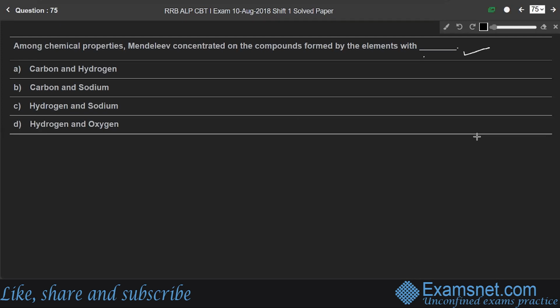Question number 75. Among chemical properties, Mendeleev concentrated on the compounds formed by the elements with dash. Here, students, Dmitry Mendeleev is known as the father of the periodic table.